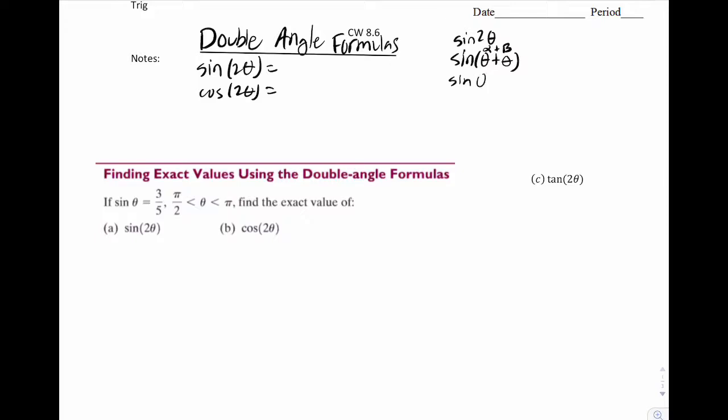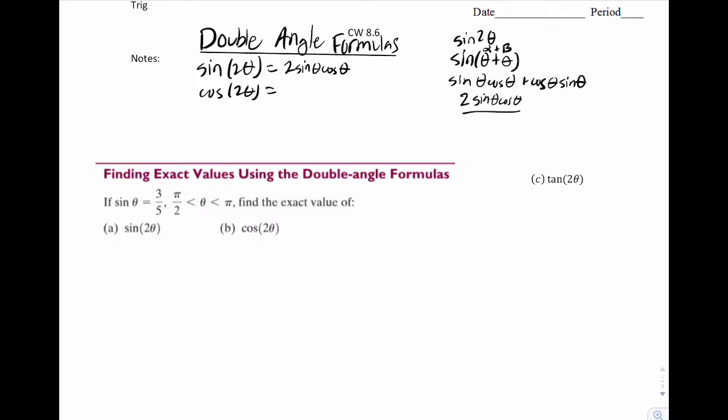Sine alpha, or theta, cosine beta, which is theta, plus cosine alpha, and then sine beta. So notice how they all line up, and notice how they're both equal, which means we can condense that to 2 sine theta cosine theta. So right there, we actually just derived it. That is 2 sine theta cosine theta.